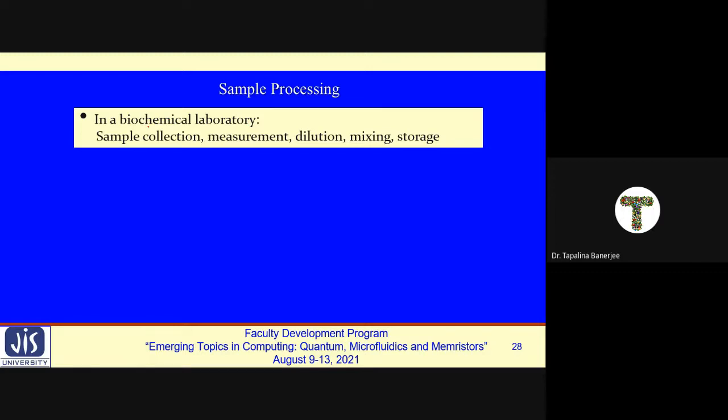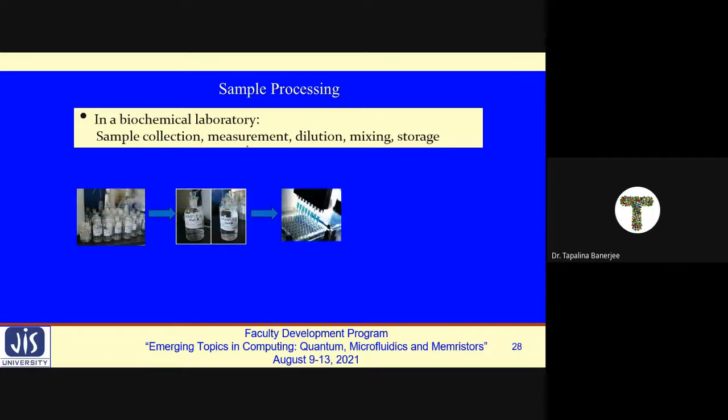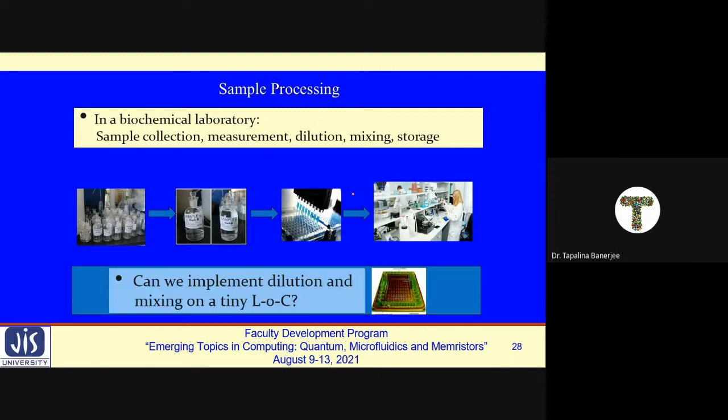See, in case of a biochemical laboratory, sample collection, then measurement, then dilution, mixing, storage, all these stages are very much required, right? Now, is it possible to implement dilution and mixing on a tiny lab on chip where sample collection, measurement, dilution, mixing, storage, everything is possible?